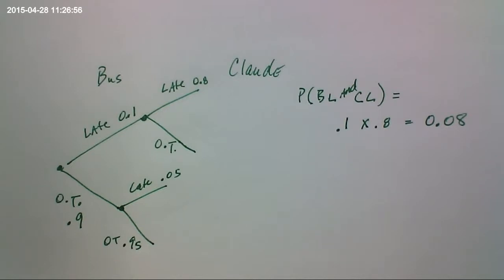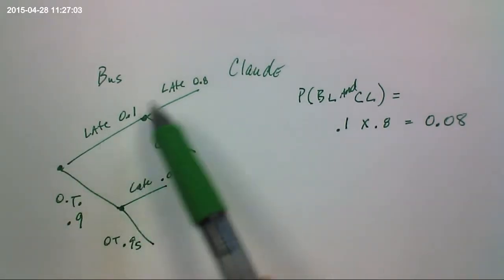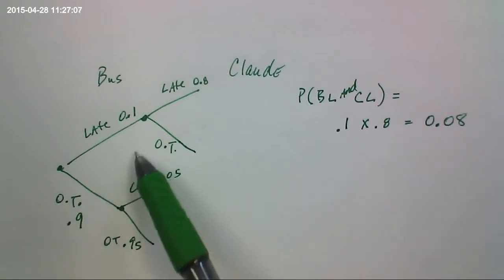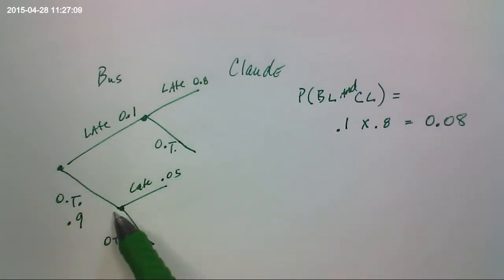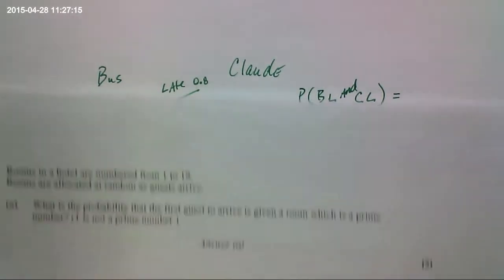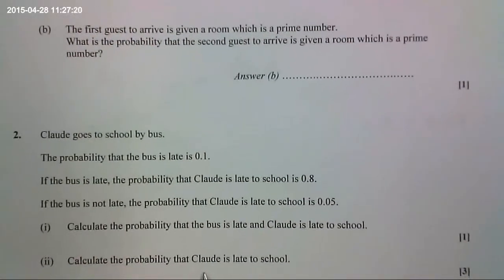All right. So sorry for my sloppy tree diagram here, but here's what we've got. We got the bus is late and Claude is late. There's a probability of 0.08. This would be the bus is on time and Claude is late, so we are given this information right here that it's 0.05.